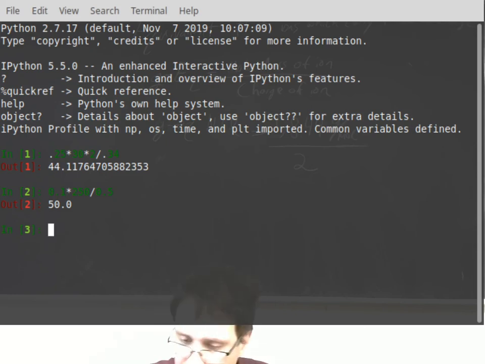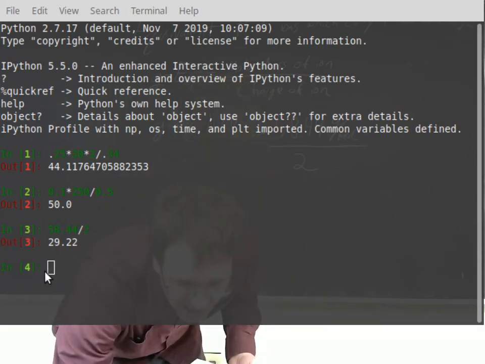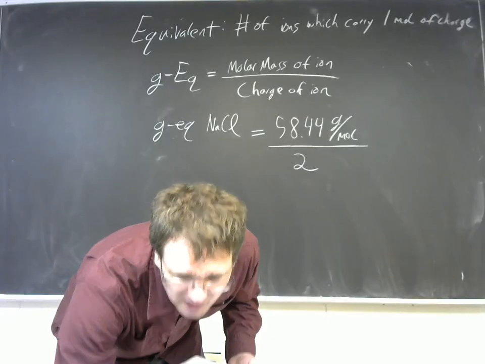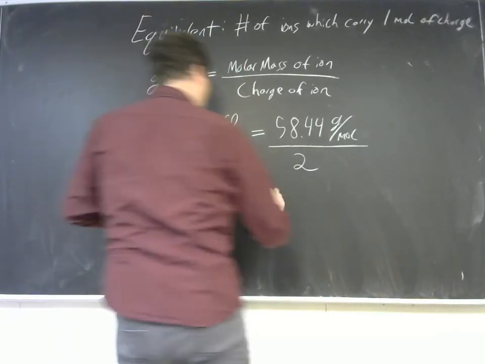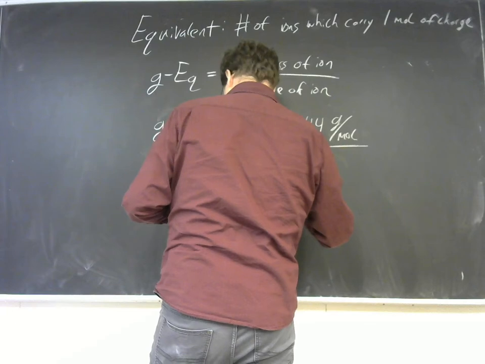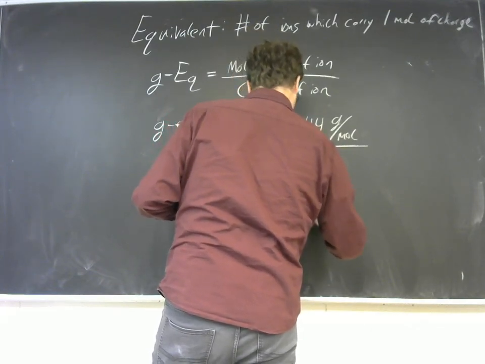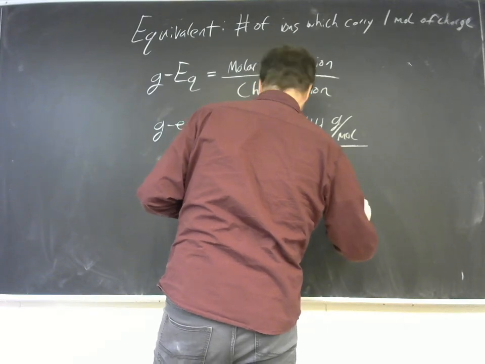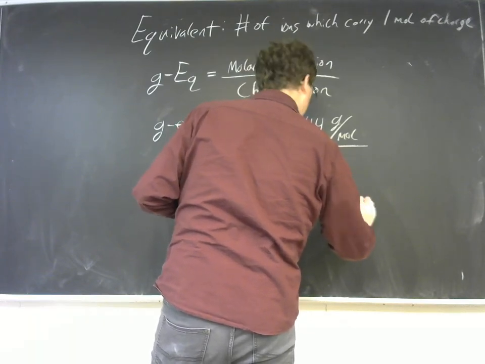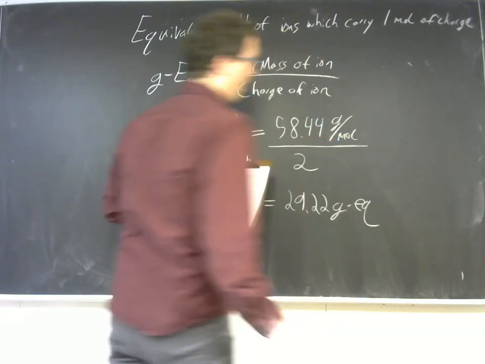So 58.44 divided by 2 is going to be 29.22 grams per equivalent.